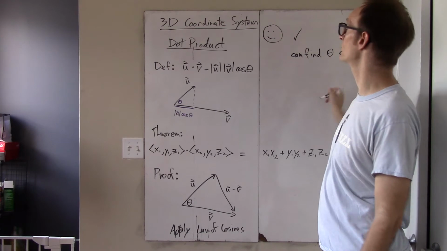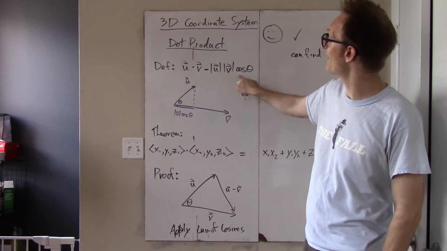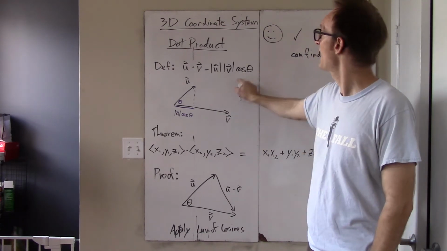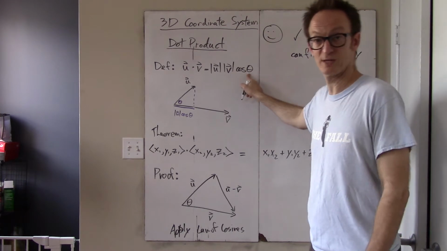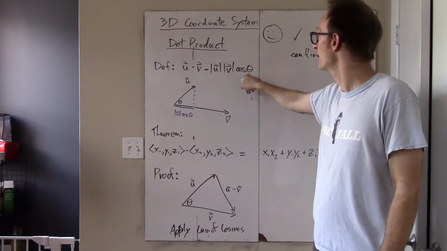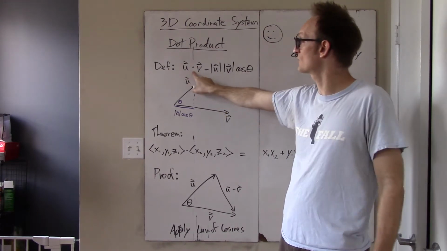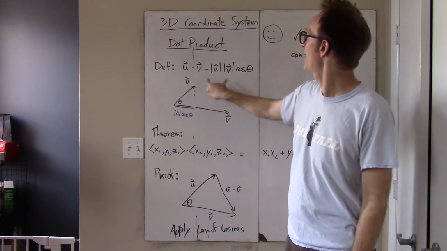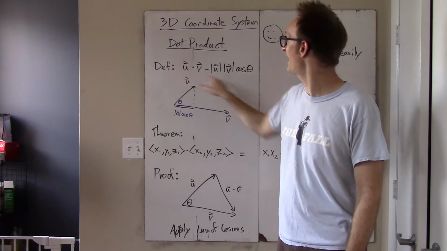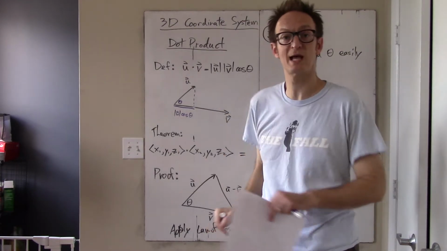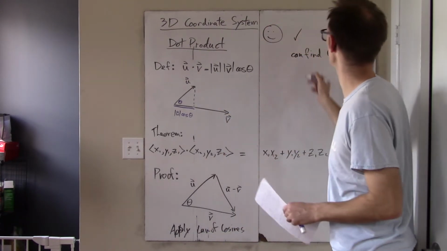If you give me two vectors, using the dot product together with this theorem, I now have a way to find the angle that those two vectors make with each other. This is easy to compute using this formula, and the magnitudes are easy to compute, so I just divide and take the arc cosine. This is something you did last year, finding the angle between two vectors.